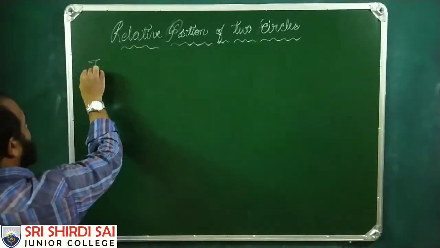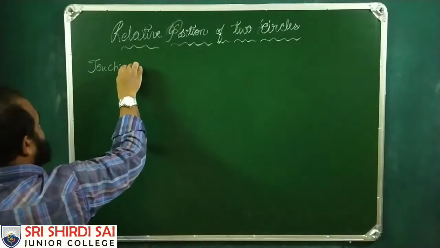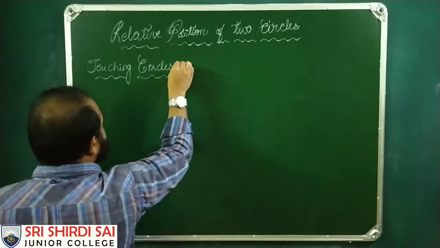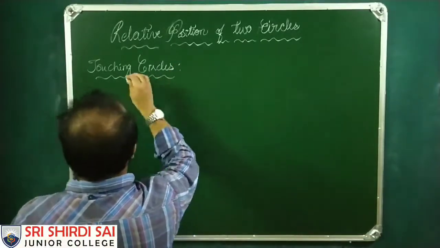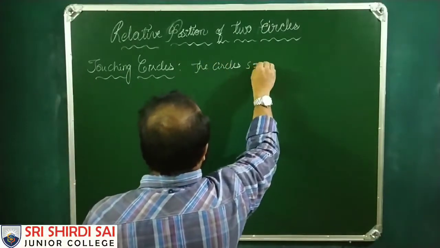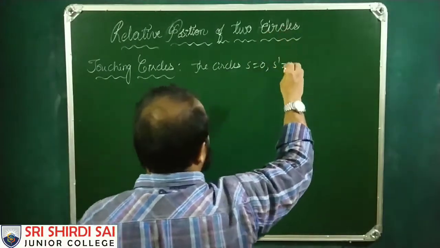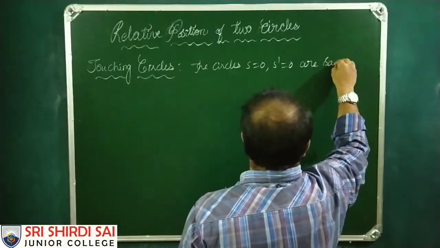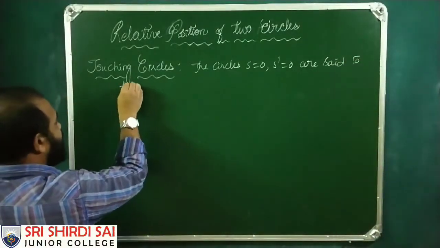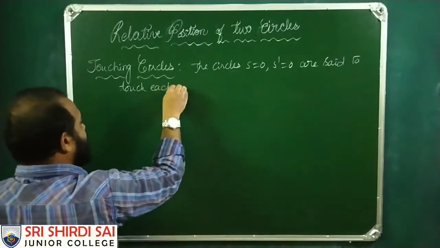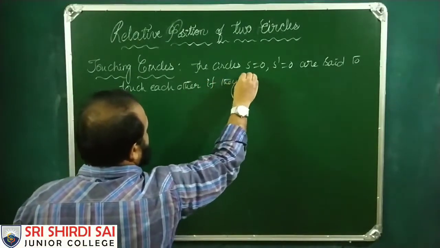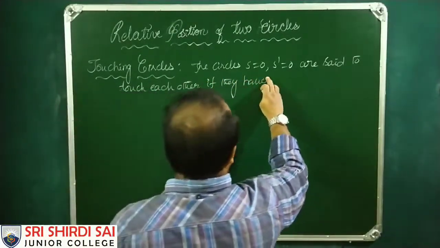So first of all, what are called touching circles? Two circles S equals 0, S dash equals 0 are said to touch each other if they have a unique point in common.